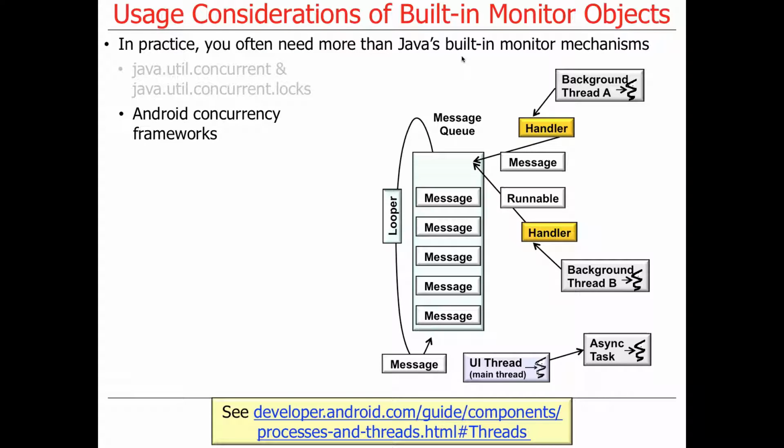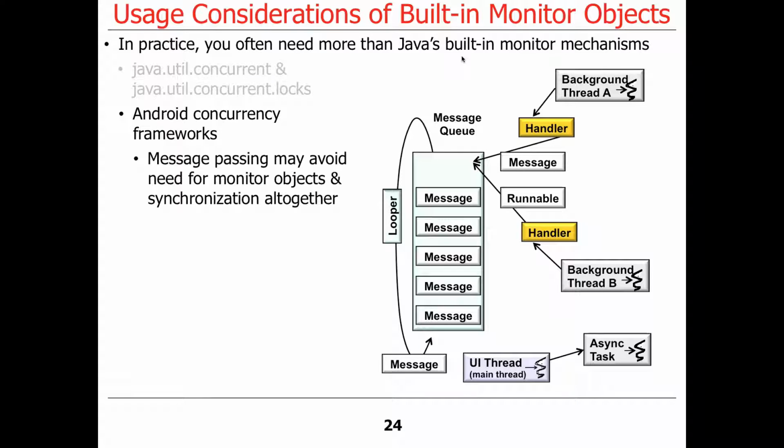Android provides other concurrency frameworks, which we'll talk about later. And if you use them, then what you do typically is you pass messages back and forth. And as a result, you often don't have to have monitor objects or even synchronization semantics in your application code at all.